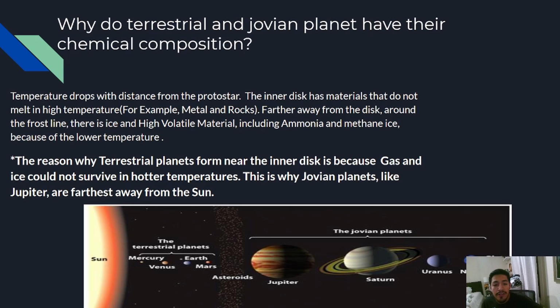Farther away from the disk, around the frost line, there is ice and high volatile materials, including ammonia ice, because of the low temperature. And the reason why terrestrial planets form near the inner disk is because gas and ice would not be able to survive in the hotter temperatures. This is why the Jovian planets like Jupiter are farthest away from the sun.